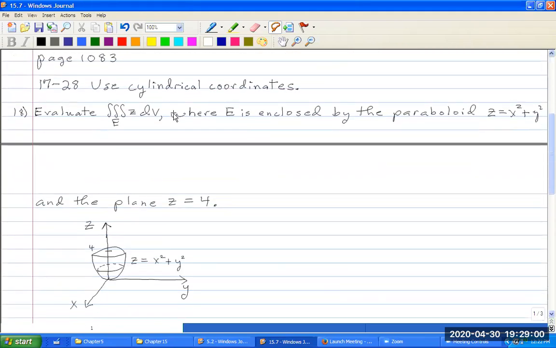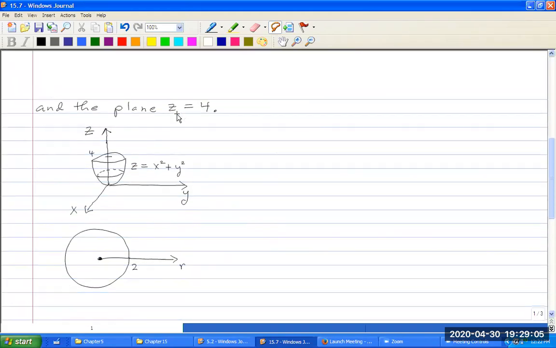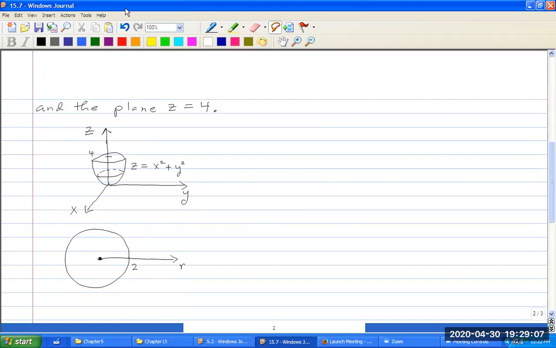Let me actually get another page here. Let me see if I can draw this. I probably can't, but I'll do the best I can.